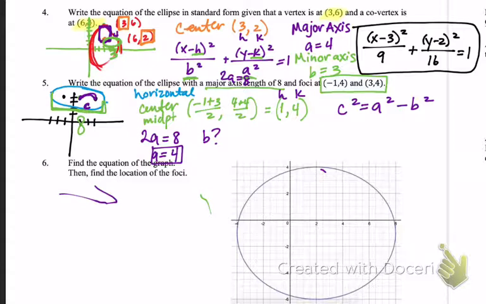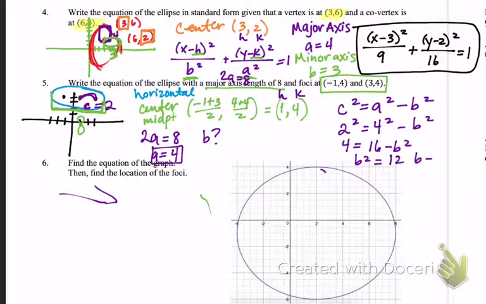I'm going over 2 units, because if my center is at 1 and I'm going over to 3, then that is 2. C is 2 units. So 2 squared equals 4 squared minus B squared. And so then I get 4 equals 16 minus B squared. And B squared equals, if I move the B squared over, subtract the 4, 12. So B equals the square root of 12.